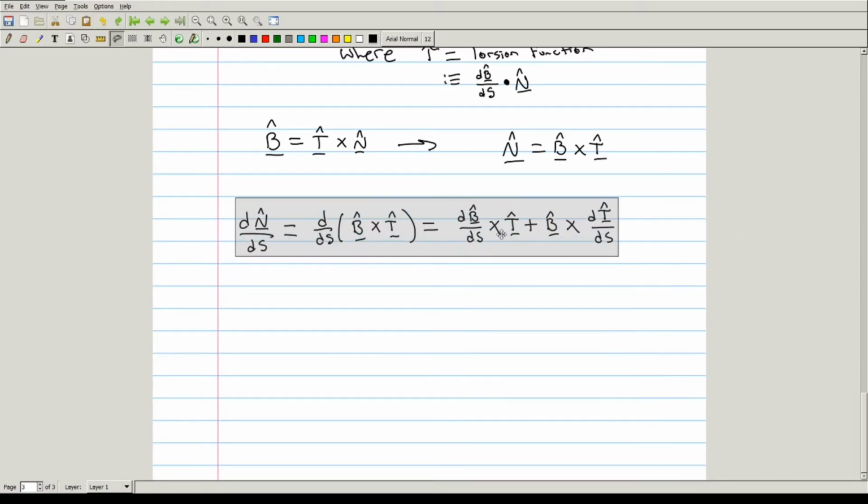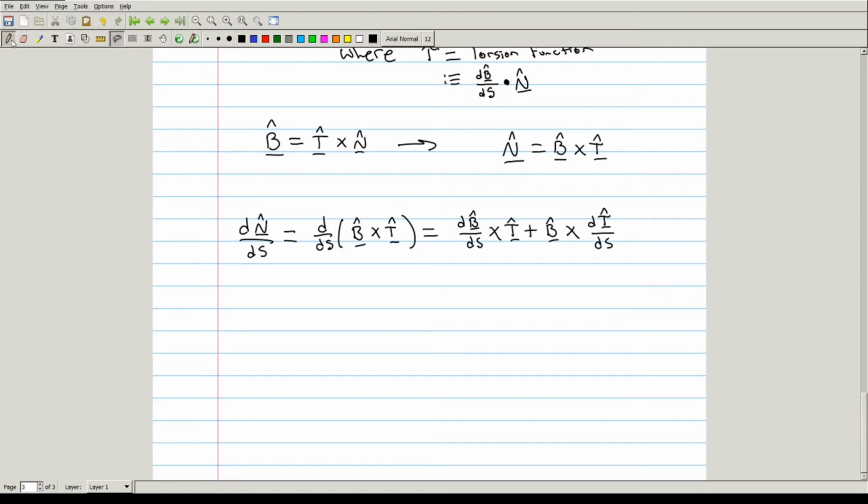And what's nice, and the reason that we started with the first two equations, is that this equation reduces as follows. The derivative of the binormal vector with respect to arc length is just the torsion times the unit normal vector.